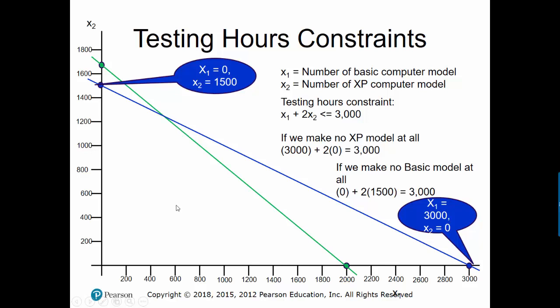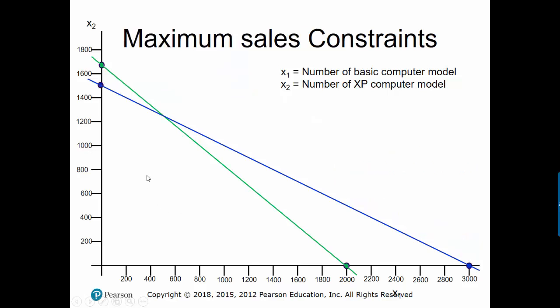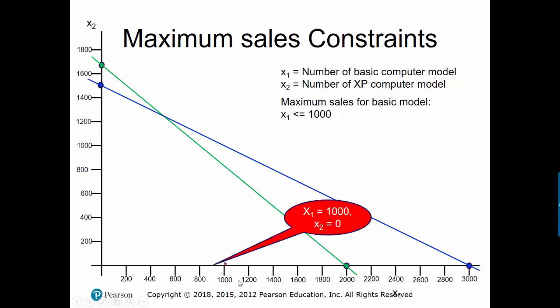Now we have 2 more constraints. So let's bring in the third one, which is x sub 1 less than or equal to 1000, the maximum that we can sell of x sub 1. So which means you set x sub 1 equal to 1000 and x sub 2 you don't care. So all points on a vertical line will satisfy x sub 1 being exactly equal to 1000, and since we need x sub 1 to be less than or equal to 1000, now these points are feasible and these are not.